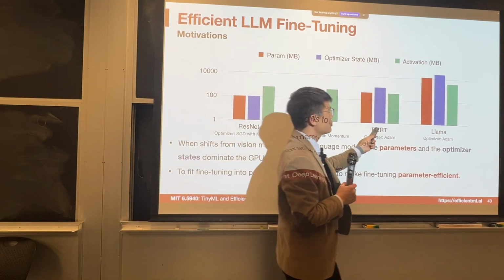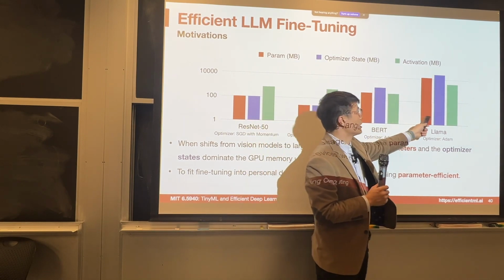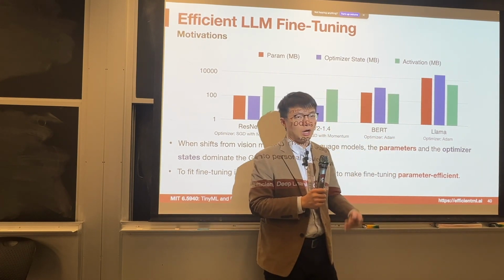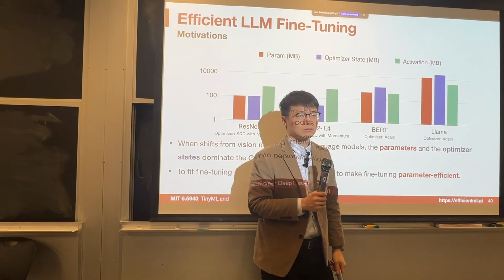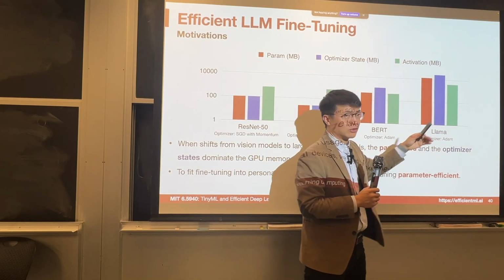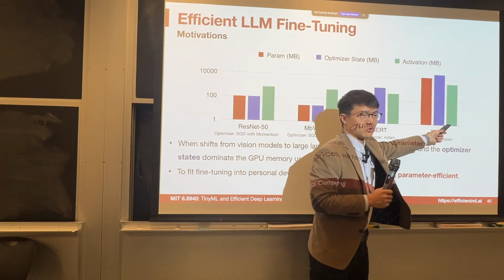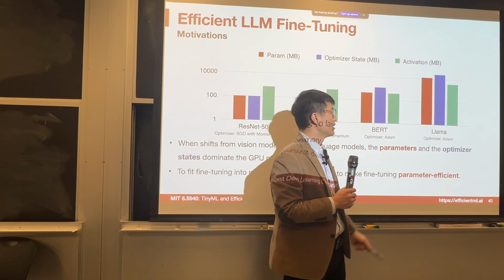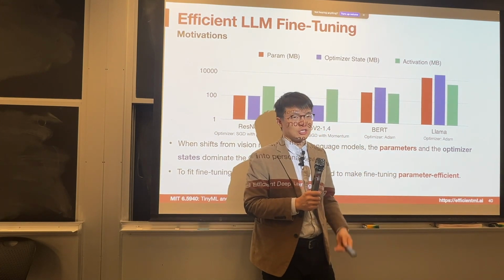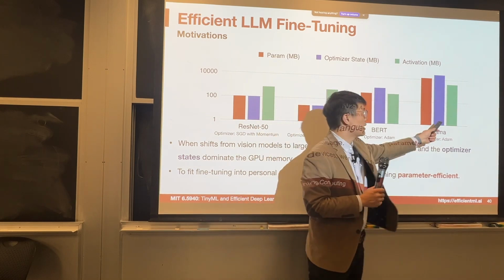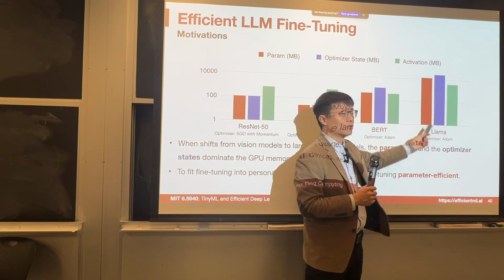But in language models, especially large language models, the model size and also the optimizer state is much larger than the activation. Okay, the Llama model is like 7 billion parameters, 70 billion parameters. The activation is relatively small compared with that. And since we have to use second-order optimizers like Adam, the optimizer state is usually 2x or even larger compared with the weight itself.